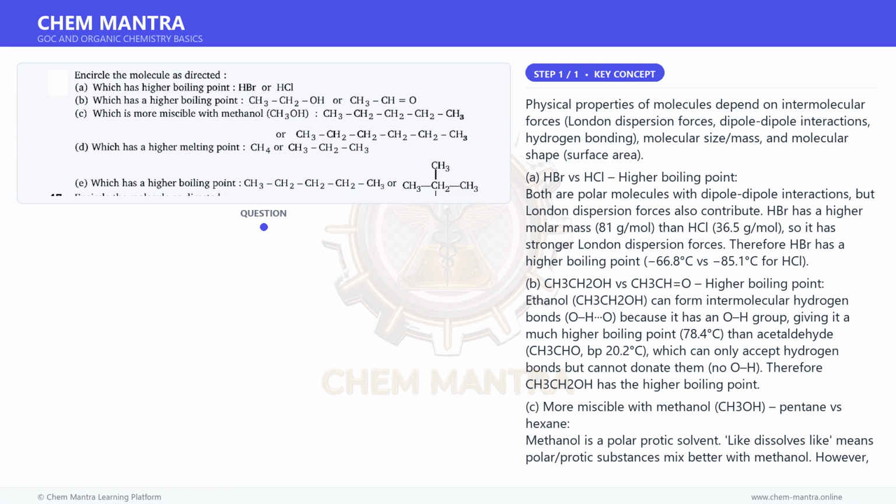Propane has a higher melting point, 187.7 degrees C, compared to methane, 182.5 degrees C. Actually, methane MP is 182 degrees C, propane MP is 188 degrees C. Re-examining, methane MP is 182.5 degrees C, propane MP is 187.7 degrees C. Propane actually has a lower melting point than methane.